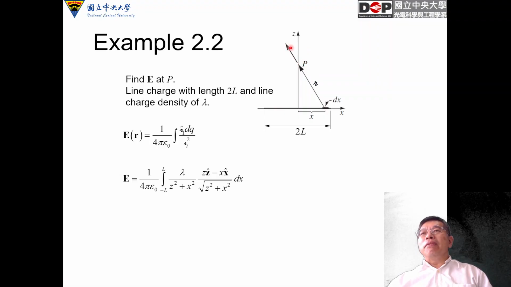Because we know it's symmetric, we take the integration from minus L to L, and consider the direction and how they sum together. Here we know the field is actually just along the z-axis because of the symmetry. So we can write things down, and please go through it. This is just some mathematical practice.